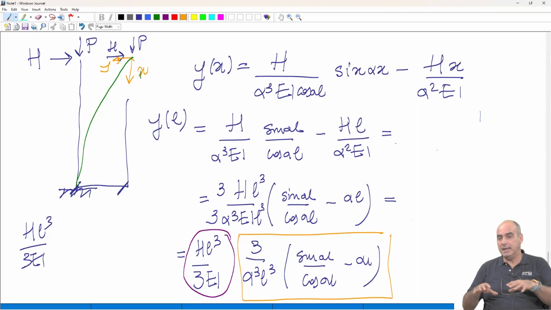You can mathematically demonstrate, you can plot, but you know, that is the outcome. That the displacement is what we calculate or we know from handbooks, tables, and so on, times an amplification factor. What does this amplification factor depend on? It depends on L, and it depends on alpha. Alpha is the square root of P over Ej, so it depends on the amount of the load.